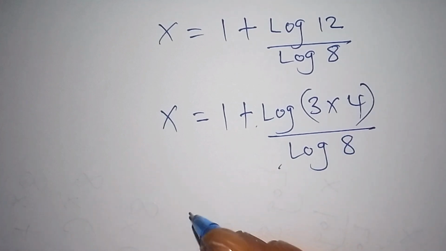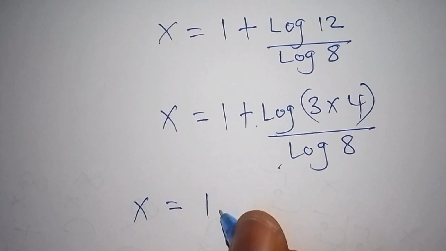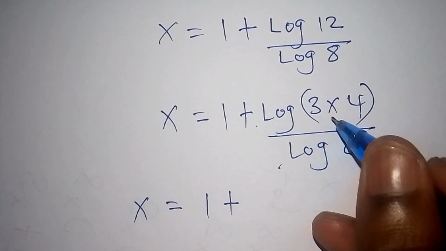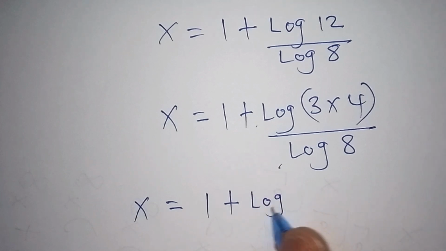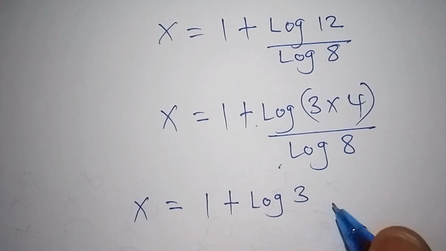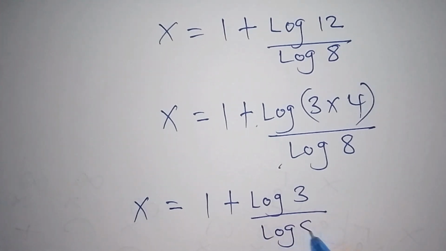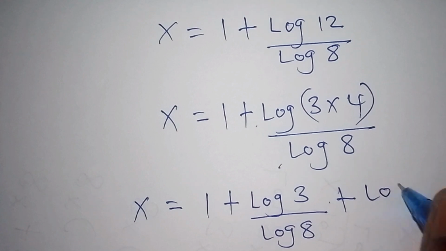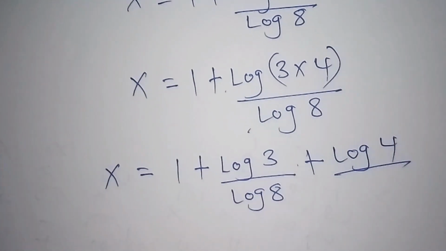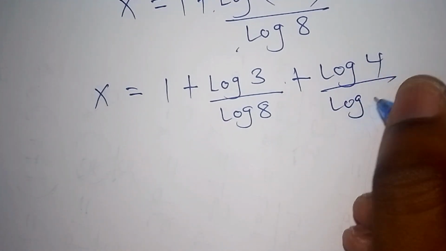Now we can split this equation and say that x is equal to 1 plus the log of 3 all over the log of 8, then instead of writing the multiplication, we shall have plus the log of 4 all over the log of 8.